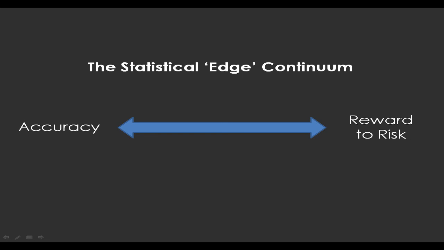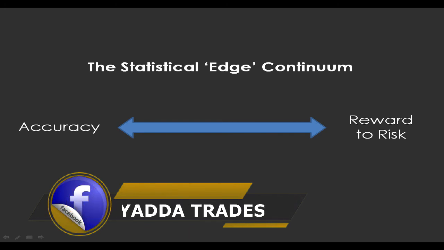Well, it's the same thing with trading. If you can create a strategy that either wins a lot more of the time than it loses, a higher percentage of the time, or when it wins, wins a much bigger amount than when it loses, or some combination thereof, that is when you get an edge. An edge is the first thing you need, right?